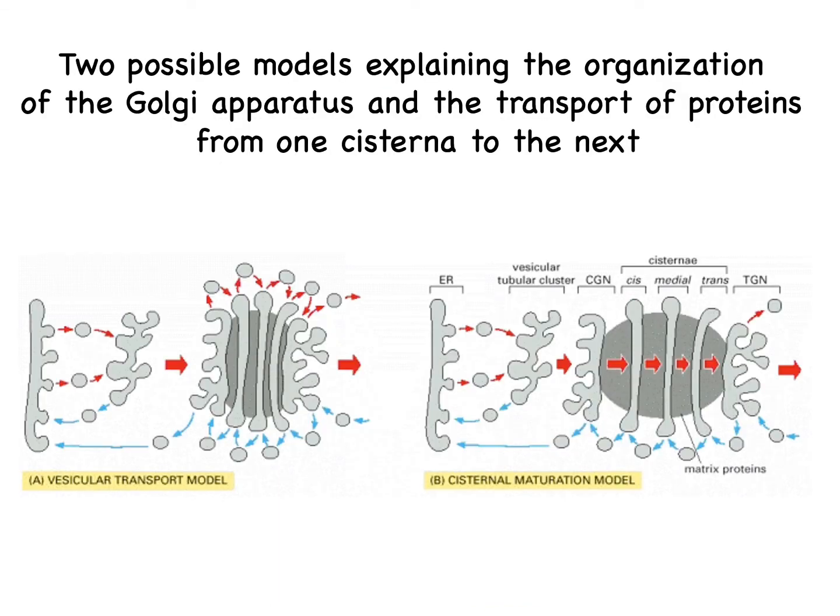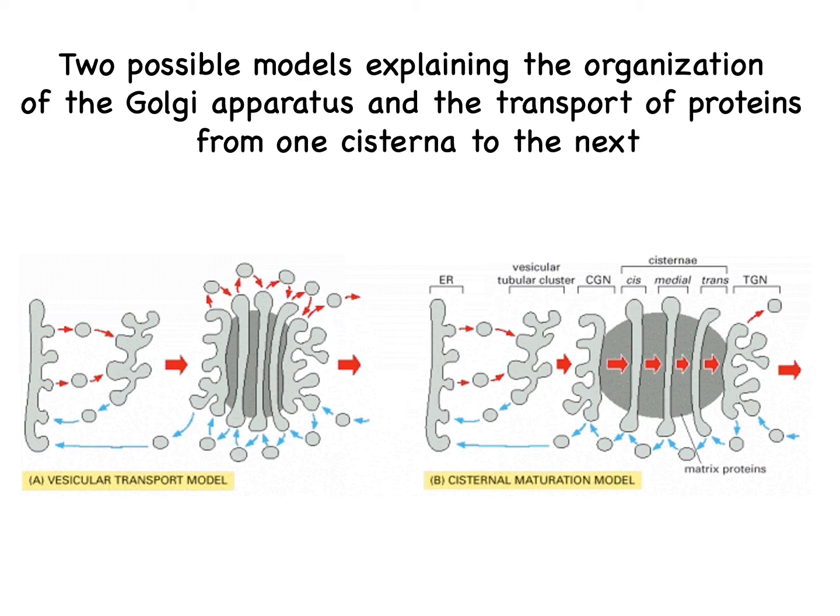Now, there were originally two models for how this worked. The model shown on the left, basically the idea here was that these vesicles budded off from the ER.